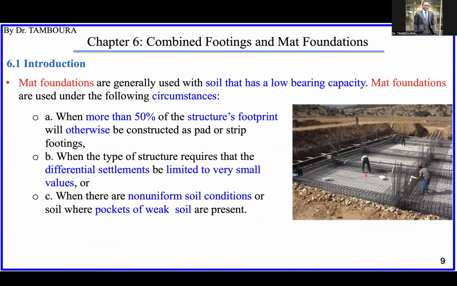This place is hard soil, and just one step away, you have a very soft ground. For this kind of condition, you go for mat foundation, it's easier. Okay, or sometimes you have good soil, but there are some pockets of weak soil in the ground, so you go for this mat foundation.